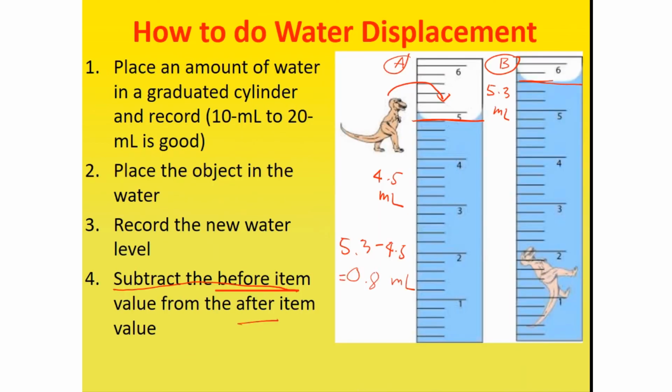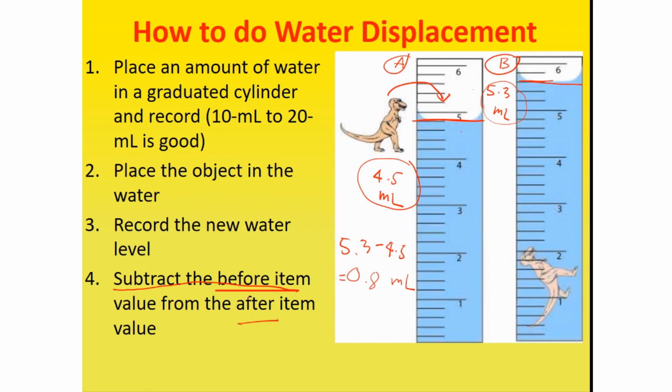Water displacement is done this way. Place an amount of water in a graduated cylinder like what we have. It is 4.5 ml. Place the object in the water, then record the new water level like we have now. We have 5.3 when we put in this toy dinosaur.